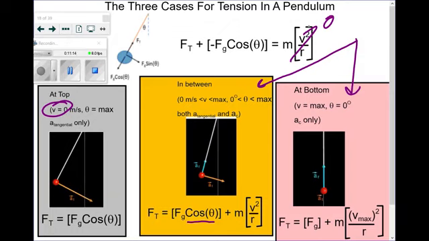Now, it's very important to stress again that the acceleration is 0 only along the radius axis. It is not truly 0 on the bob itself, because I do have a tangential acceleration still in play. Pendulums are never in equilibrium. And again, when I'm at the bottom, I have no tangential acceleration, but I do have a centripetal acceleration.